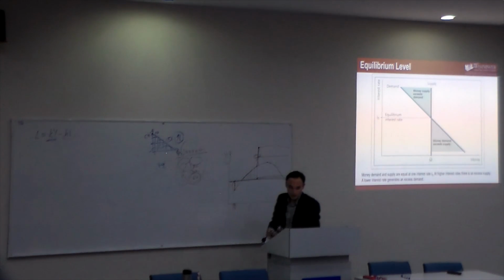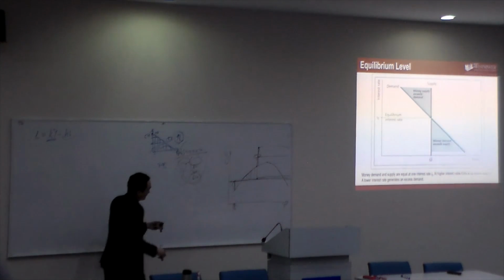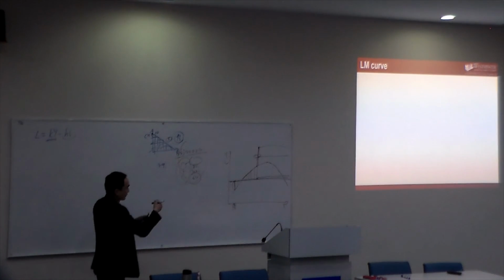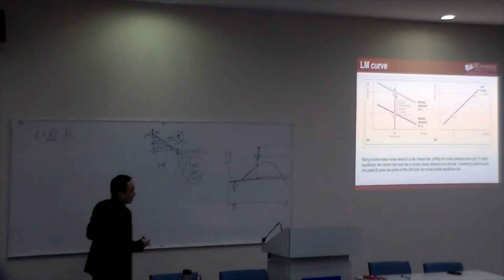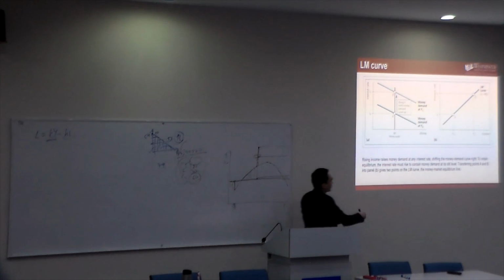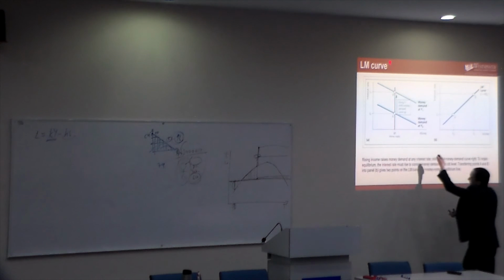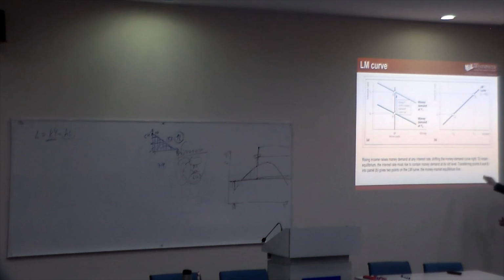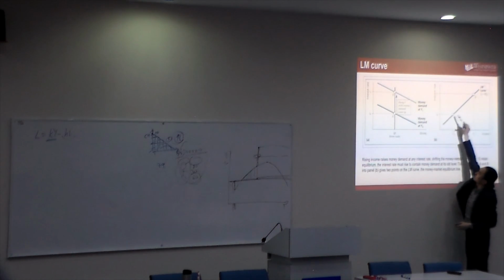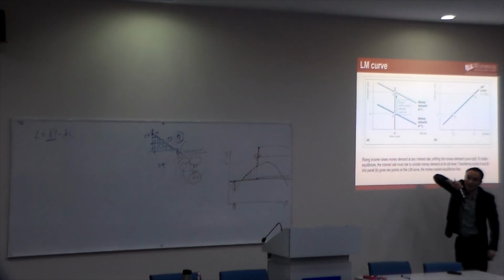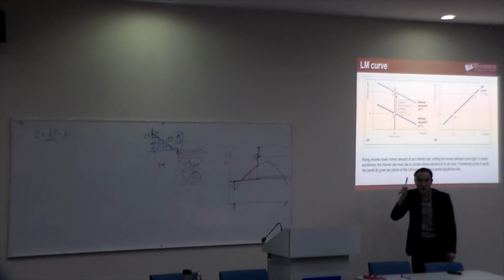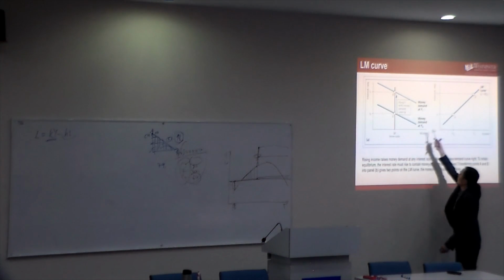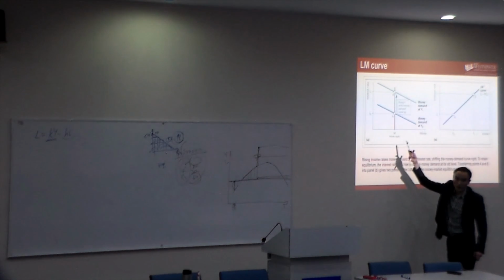Okay. So let me write down here the LM curve function. We should already know that the equilibrium point gives us the LM curve, right? All dots on this curve represent equilibrium points in the economy, based on the given demand for money and supply of money.